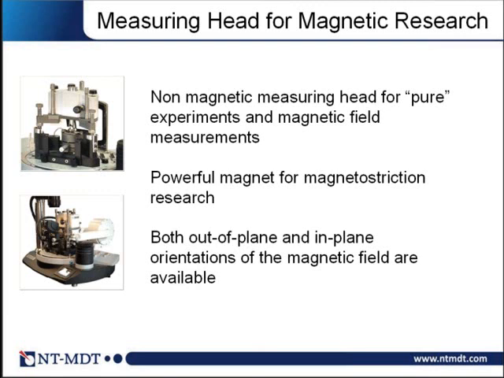Therefore, it is important to develop measuring heads which are purely non-magnetic. And it's also important to develop powerful magnets for application of an external magnetic field, both in-plane and out-of-plane orientation of the field.